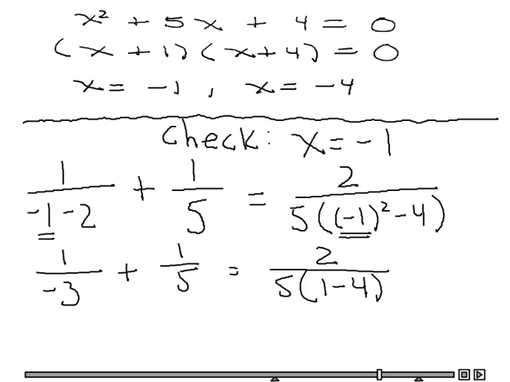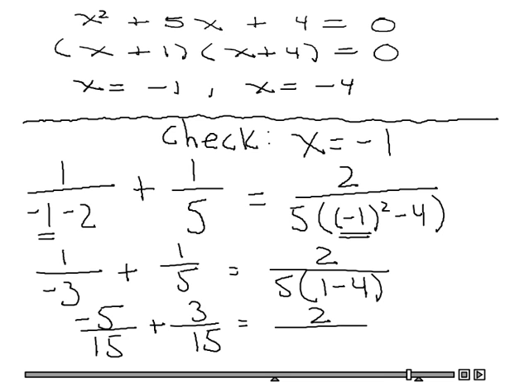And then if we simplify on the left-hand side, we need to find a common denominator, which we can see will be 15. So negative 1/3 will turn into negative 5 over 15. And 1/5 will become 3 over 15. And on the right-hand side, then we will have 2 all over 5 times the quantity negative 3.